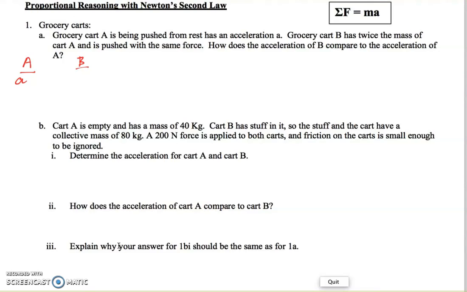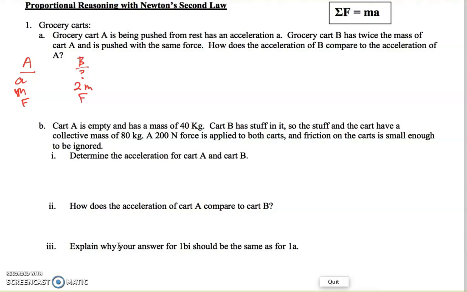Grocery cart B has twice the mass of cart A. So cart A has mass m, and cart B would have 2m. We don't know the acceleration of B, so that's a question mark. They're both pushed with the exact same force. How does the acceleration of B compare to the acceleration of A?